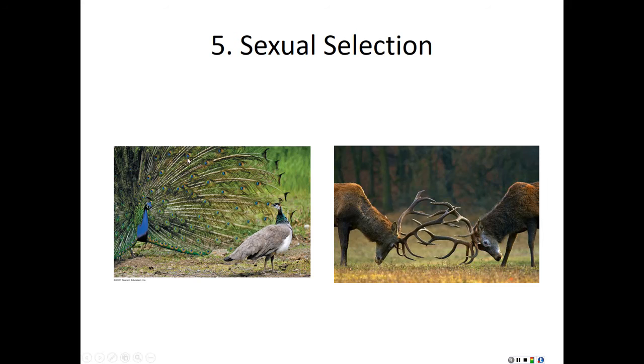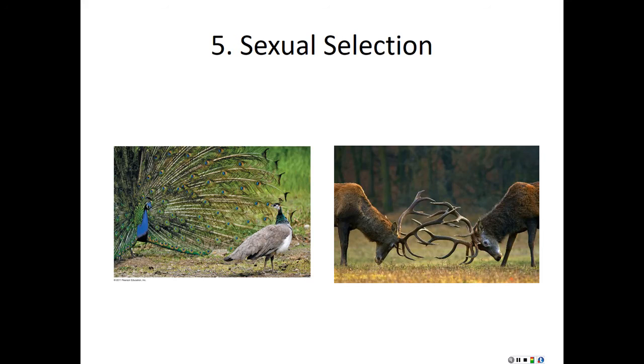So in this case, with the peacocks, the female peacock, as you can see, is nowhere near as brightly ornamented as the male, and that is because she is the one making the choice, and it is the male who needs to go about growing these big, huge, elaborate displays to try to get mating with the female. So that is intersexual selection.